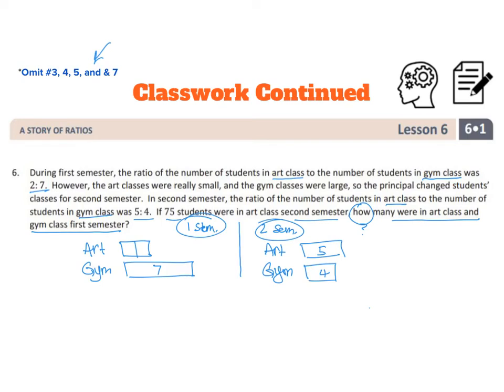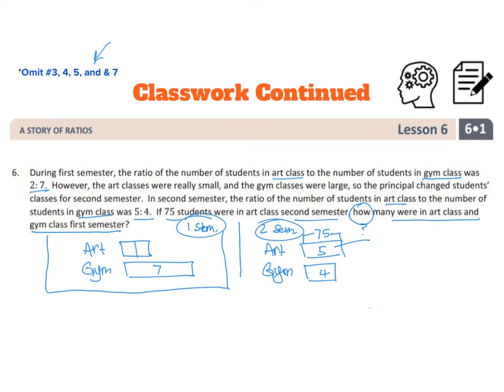Okay. Now they gave us some more information. They said if 75 students were in art class second, so this represents, boom, boom, boom, 75. How many, therefore, were in art class and gym? So I want to figure out this whole thing, but first I have to do some division.